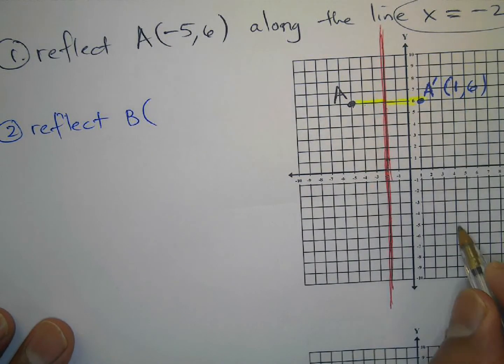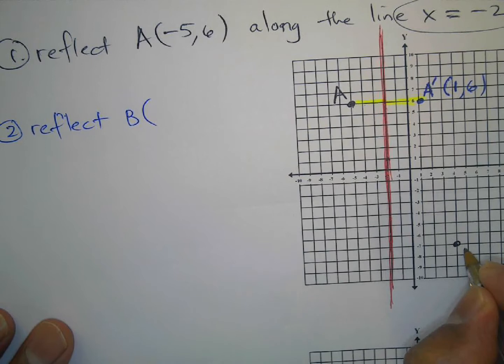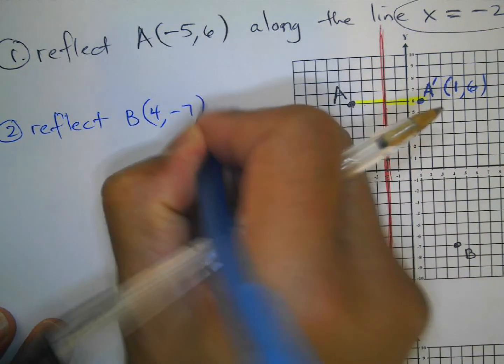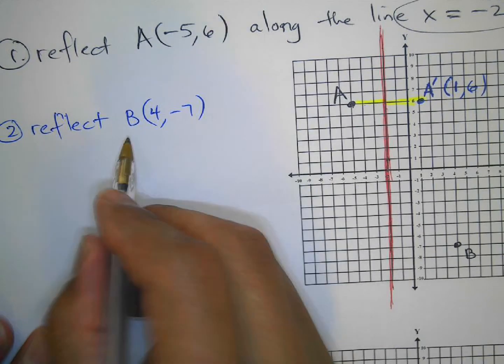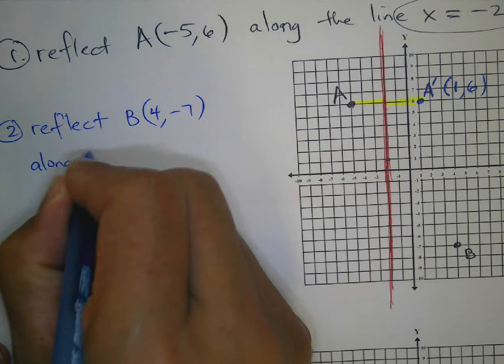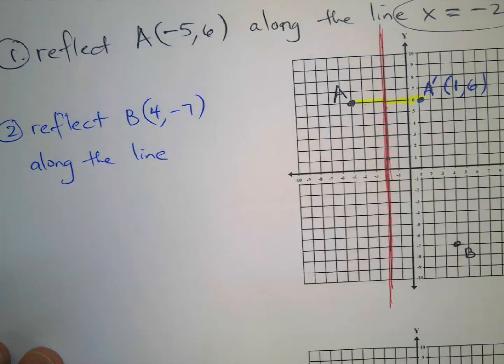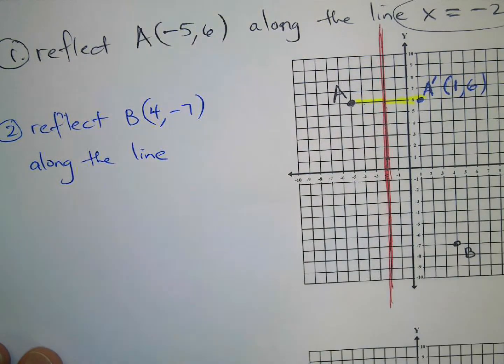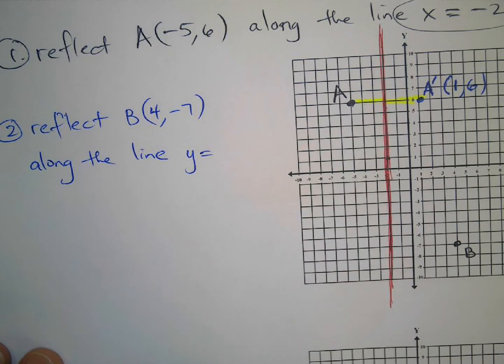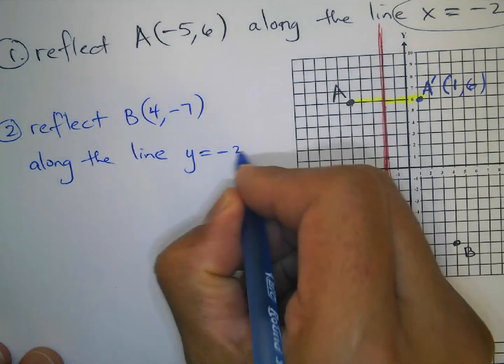Let's go with 4, -7. Reflect this point along the line y equals, let's see, -2.